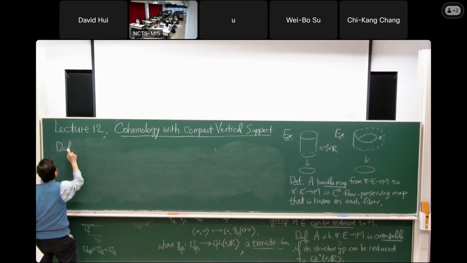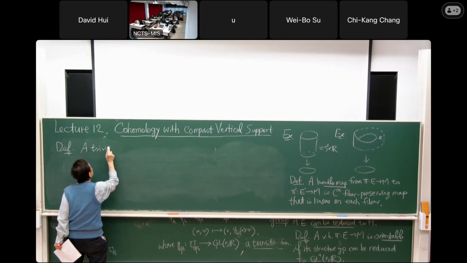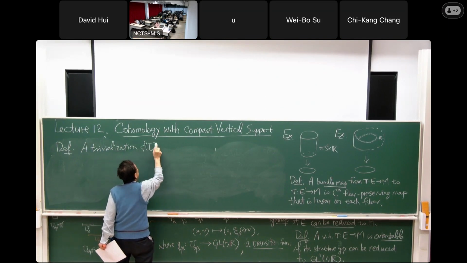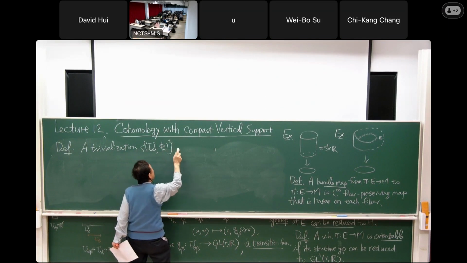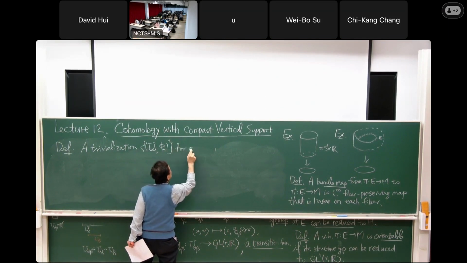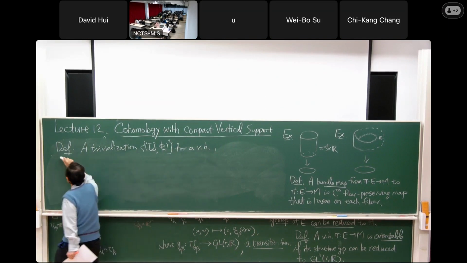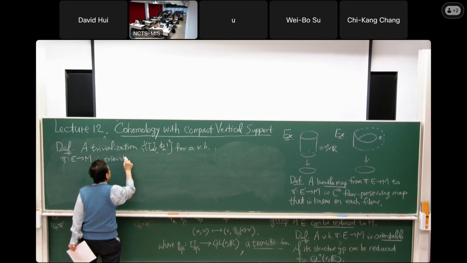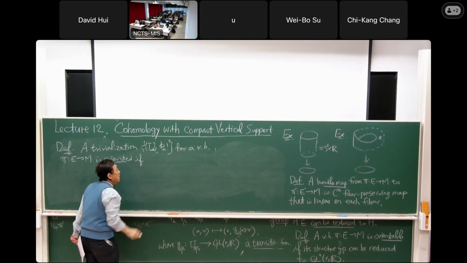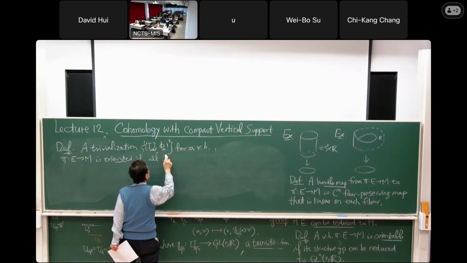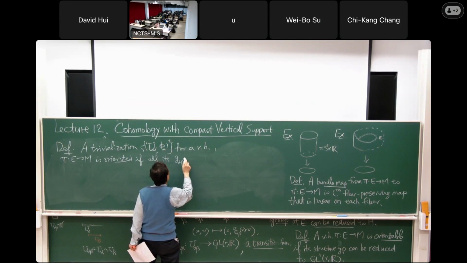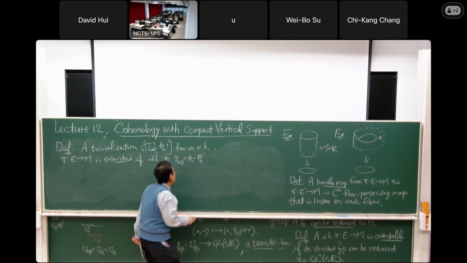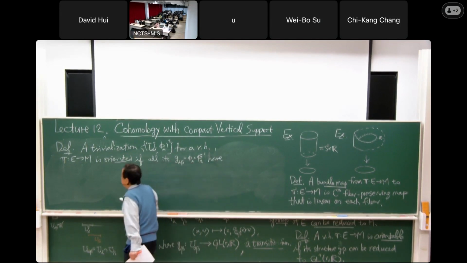So we're going to say that a trivialization for a vector bundle E is oriented if all its transition functions have a positive determinant.